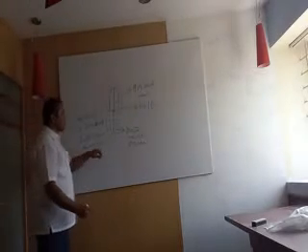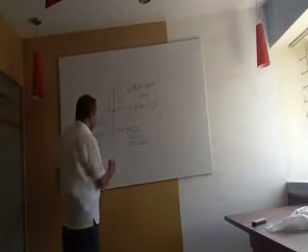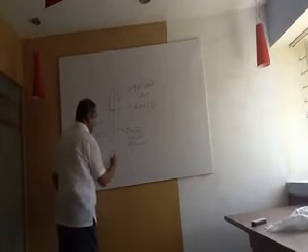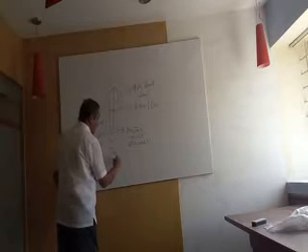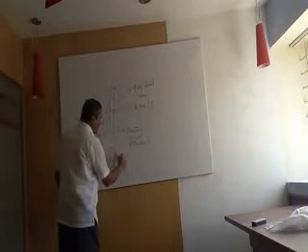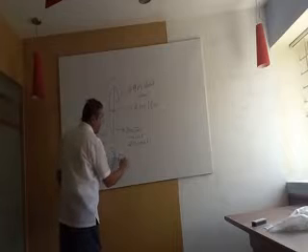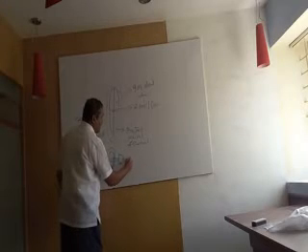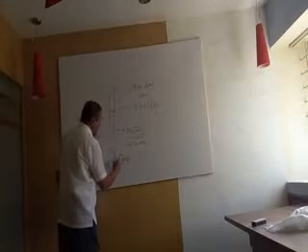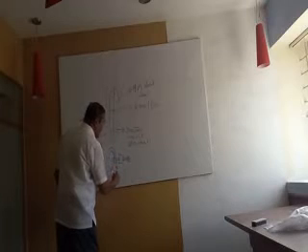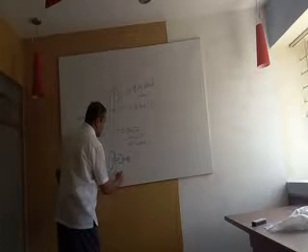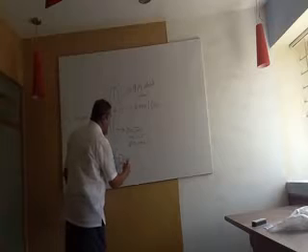This is the flywheel, and the flywheel is connected to a gearbox. The gearbox inlet shaft has 1500 RPM, and the outlet shaft has 60 RPM.